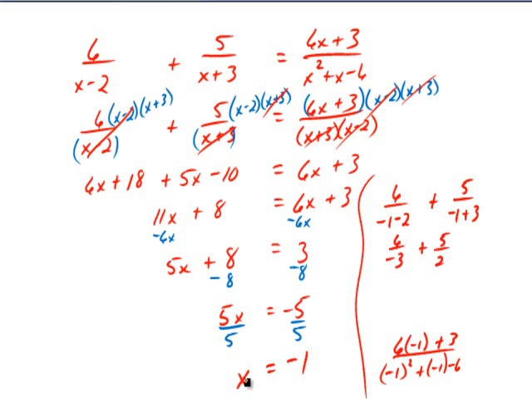If I change both of these to sixths, I have negative 12 sixths plus 15 sixths, which is 3/6 or 1/2. On the other side, if I simplify this fraction, I have negative 3 over 1 minus 1 is 0, minus 6. I also have 1/2, so it checks out.